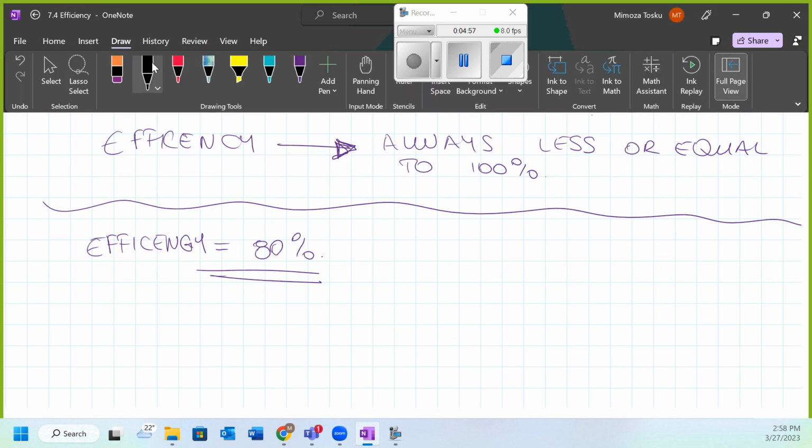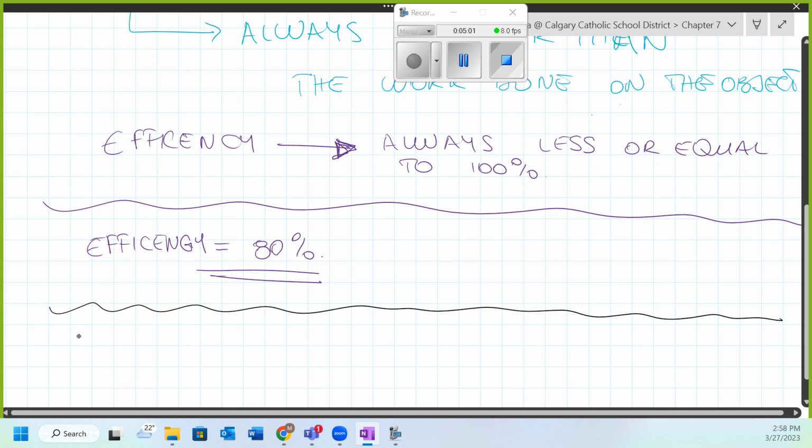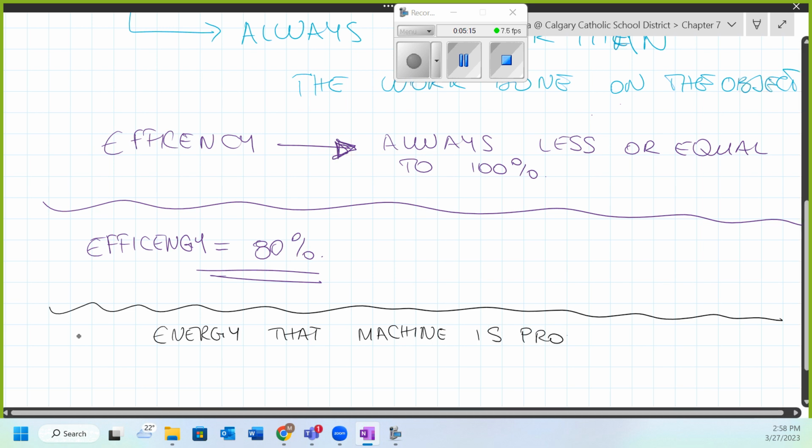Let's do an example with numbers. Let's suppose that the energy that the machine is producing is 100 joules.